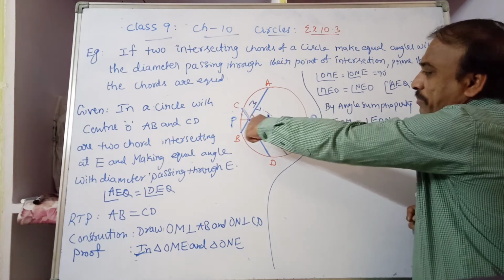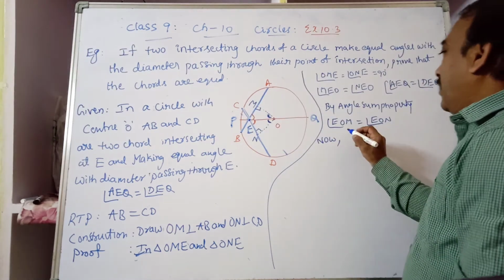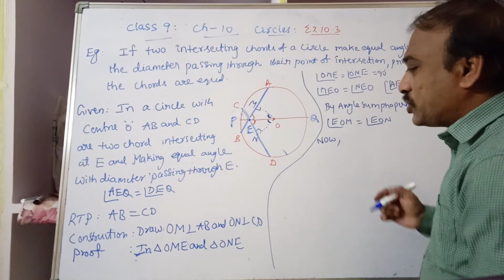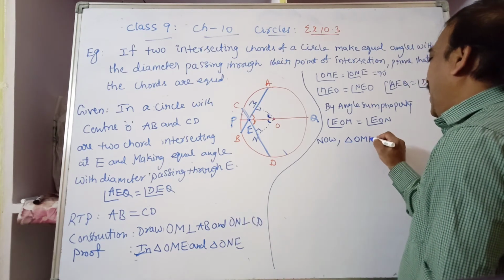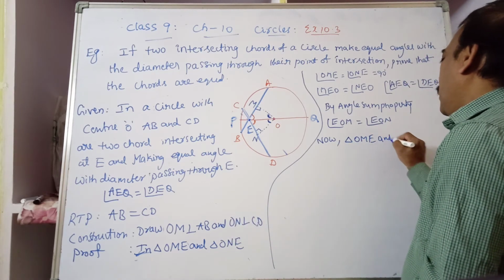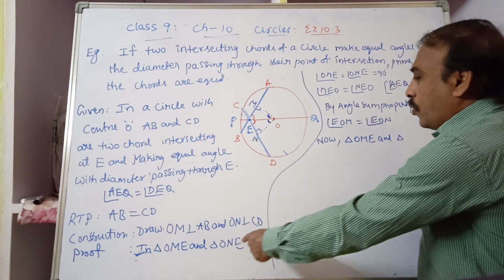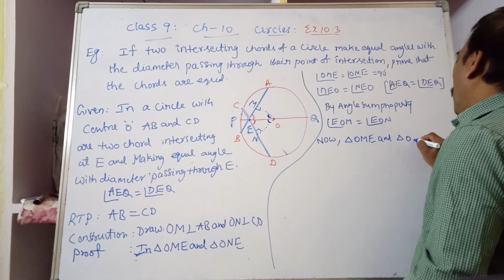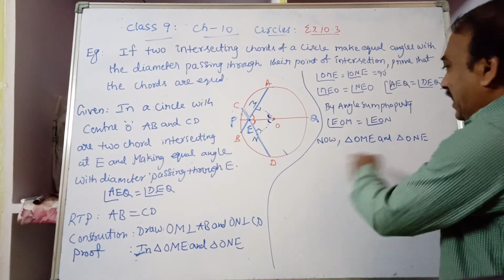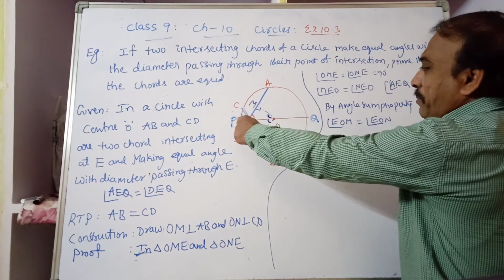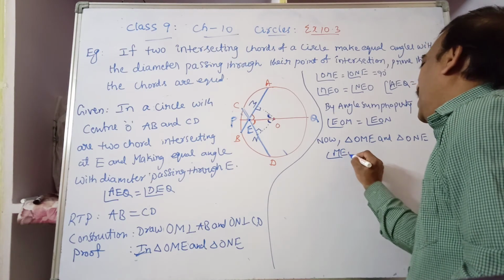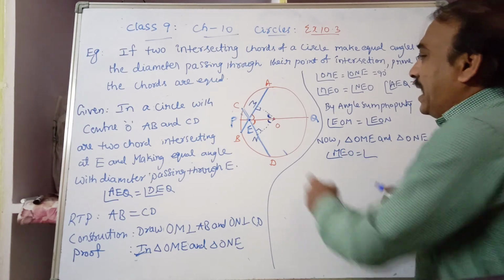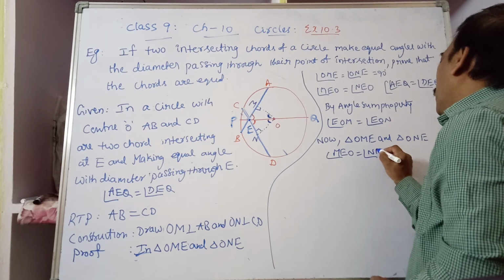Angle MEO. We are taking again the triangles. Which two triangles? Triangle OME and triangle ONE. So in that, angle MEO is equal to angle NEO.